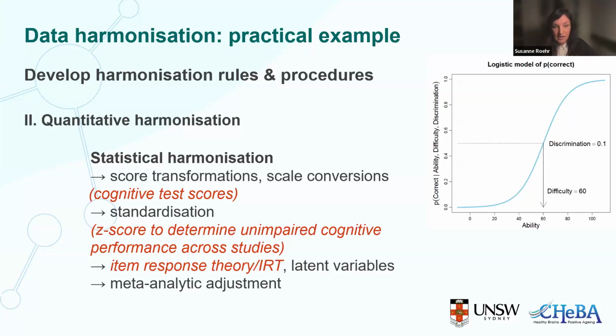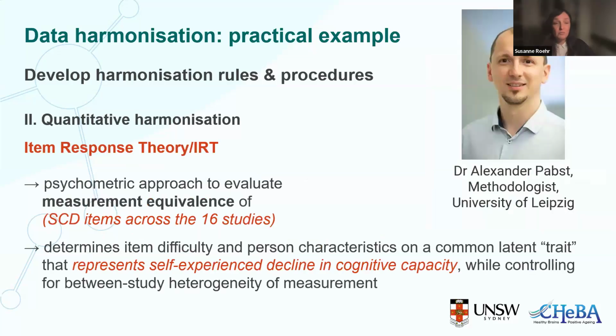In our case, that was item response theory, which is essentially a harmonization technique based on a measurement model. Now, I was really lucky to have expertise support by Dr. Alexander Papst, the methodologist at the University of Leipzig, where I was working at the time of doing this study.